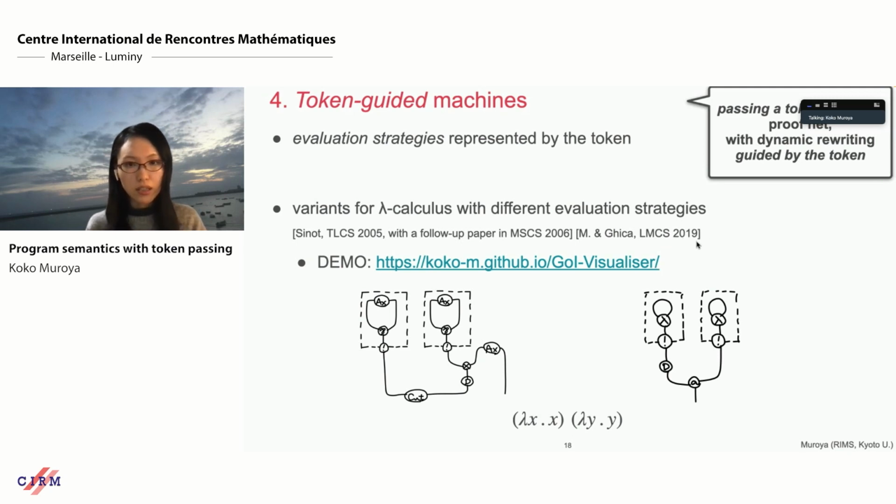So I want to show you a demo of the token guided machine I developed, and the machine actually uses what I call a lambda graph like this instead of a proofnet. So this graph is in a sense a modification of a proofnet so that it better matches the syntax tree of the lambda term.